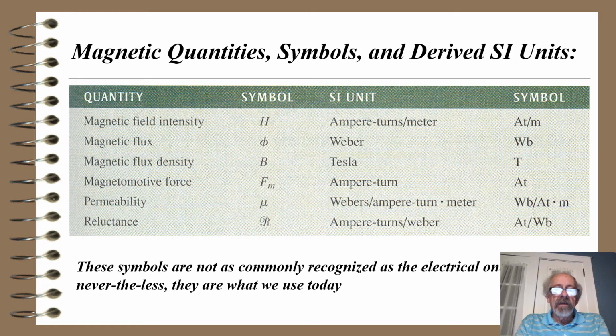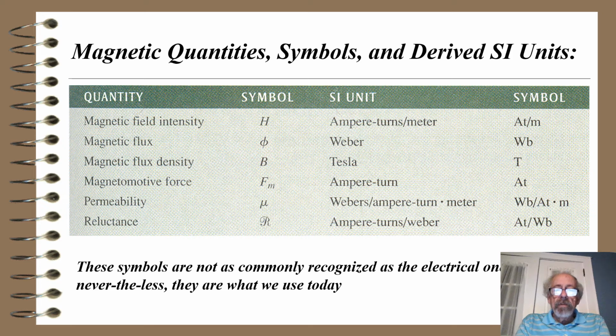Magnetic field intensity, capital H. SI unit is ampere turns per meter. Magnetic flux has a symbol phi there, or it looks like a Greek symbol, and the unit is Webers. Magnetic flux density is B, or Tesla, capital T. Magnetomotive force is capital F sub M, ampere turn.